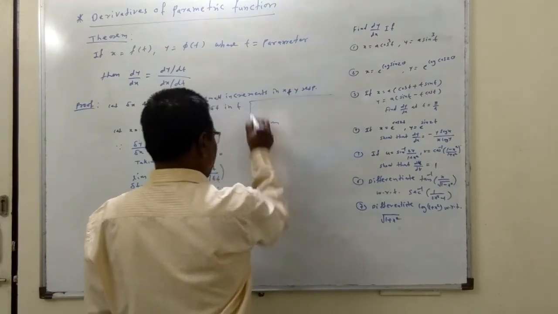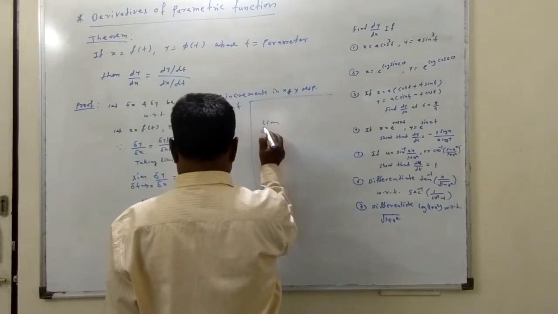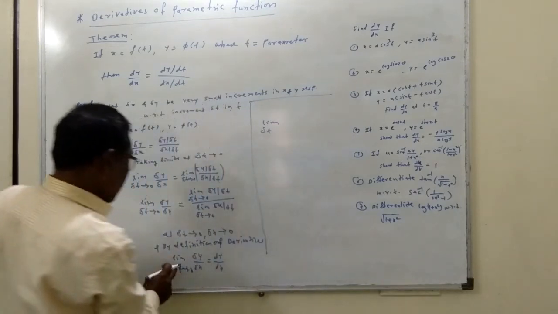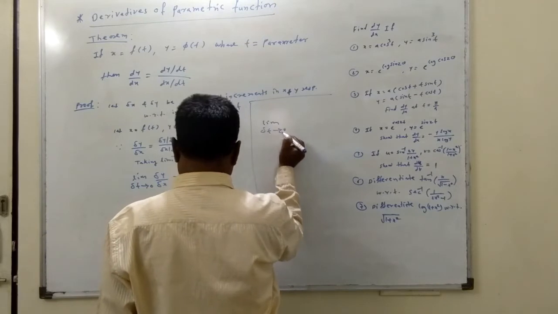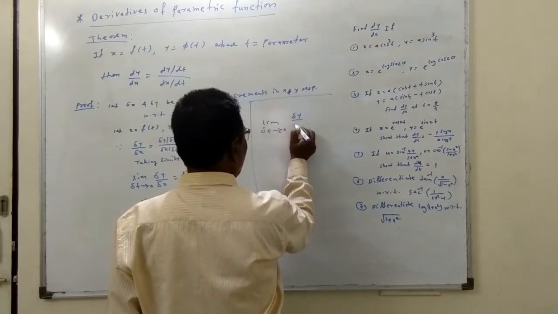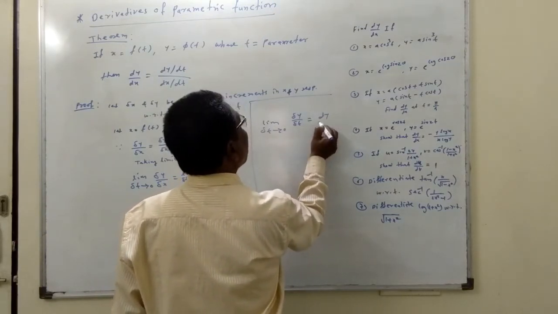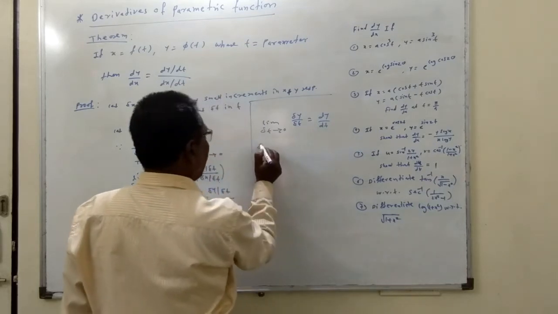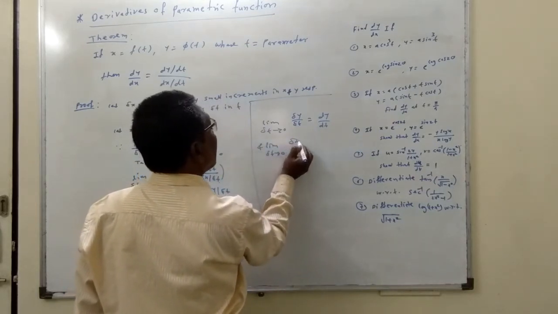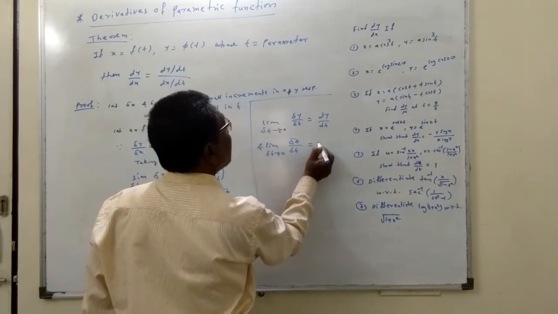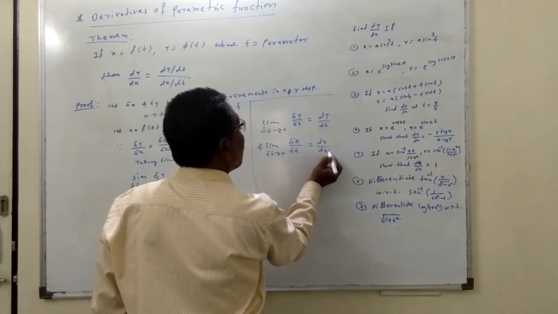The limit as delta t tends to 0 of delta y upon delta t is dy by dt, and the limit as delta t tends to 0 of delta x upon delta t is dx by dt.